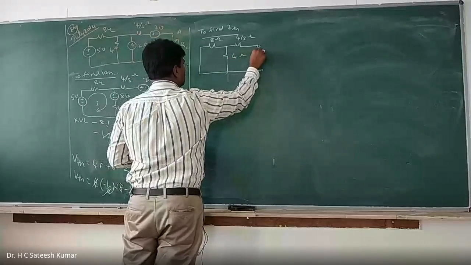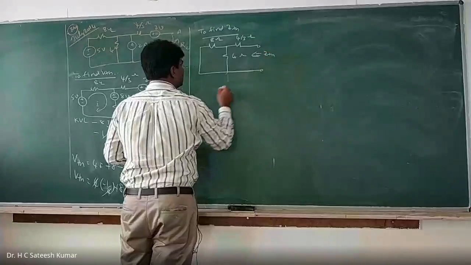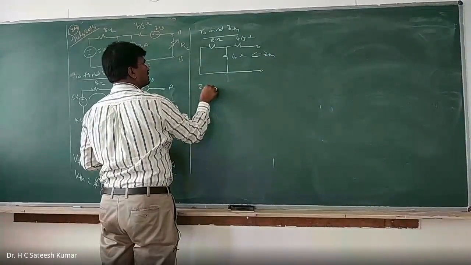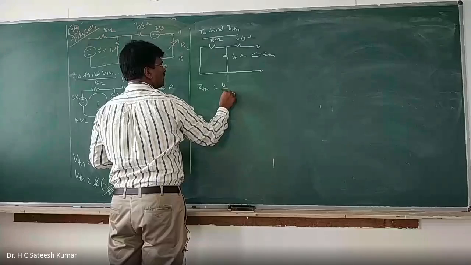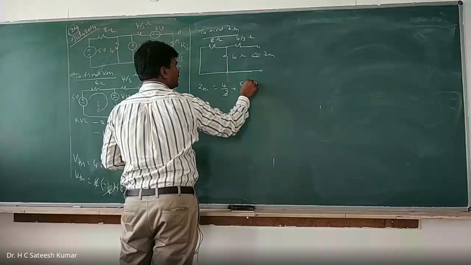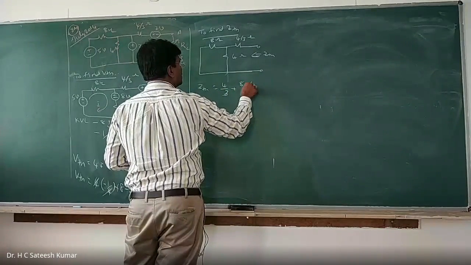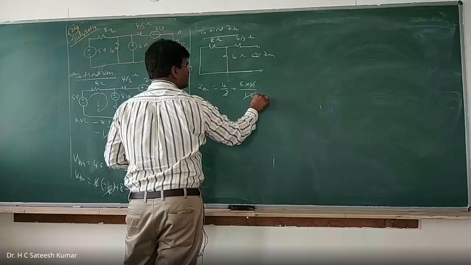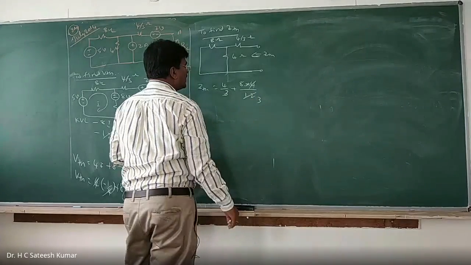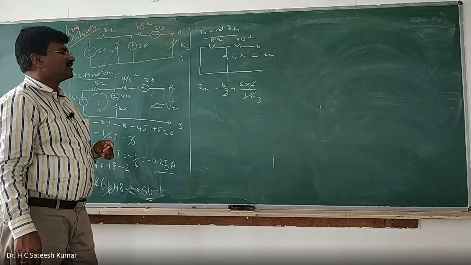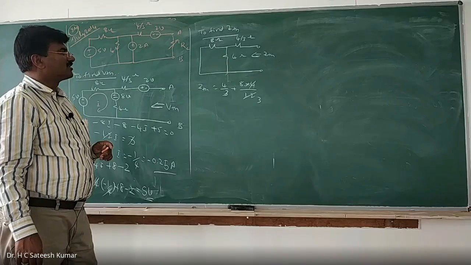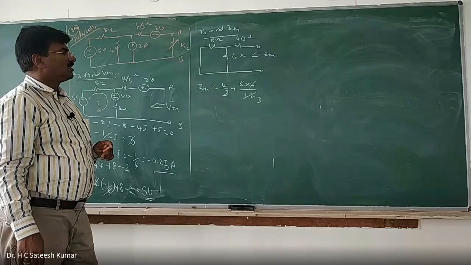This is your ZTH. ZTH is equal to 4 by 3 in series with the parallel combination of 4 by 3 plus 8 and 4. 8 into 4 divided by 12. So this is 3 times 8 by 3 plus 4 by 3. That means 3 8 by 3, which is nothing but 8.